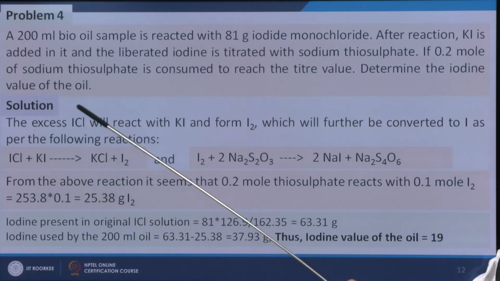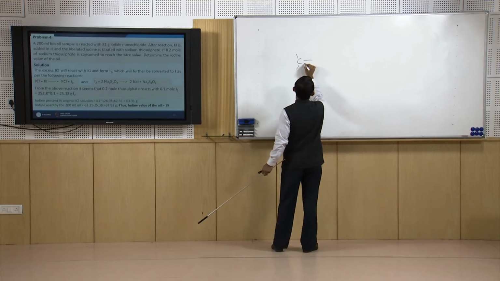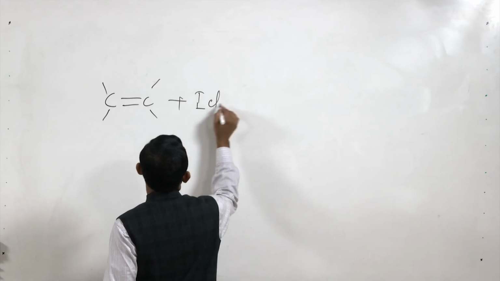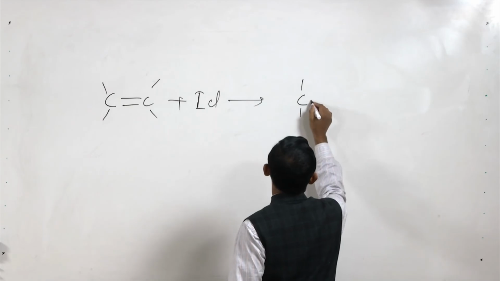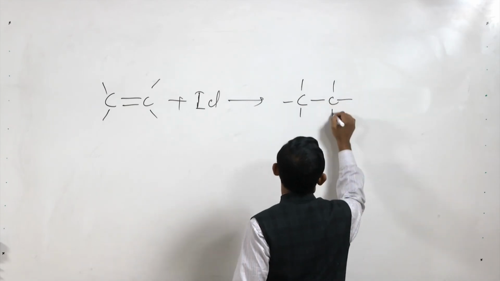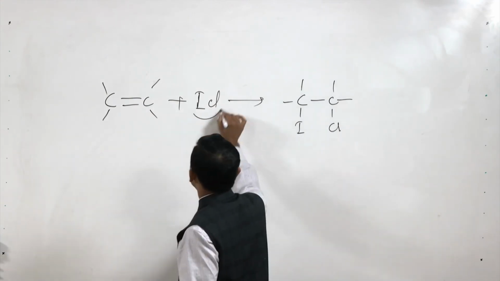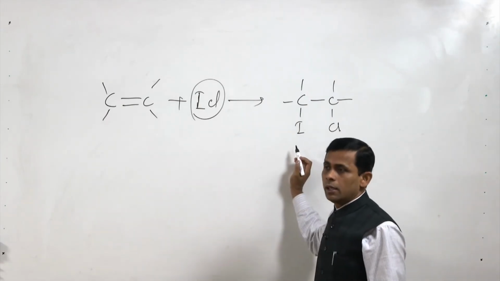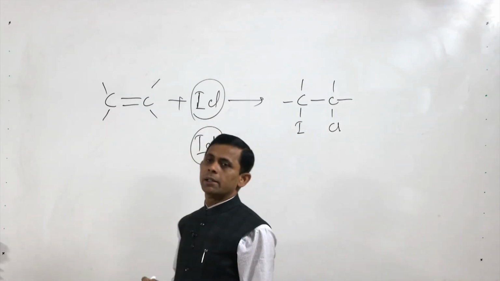Iodine monochloride will react with a double bond, C=C, and ICl will give us a C-I, C-Cl product. The ICl which we are adding, part of it will be used for this reaction, and the rest of the ICl will be available in the solution.